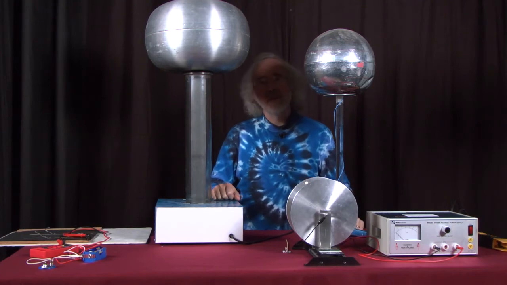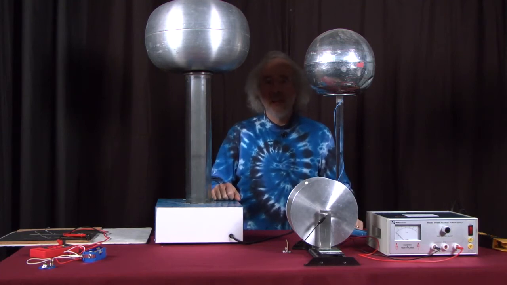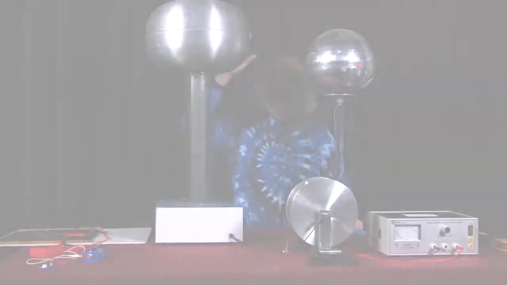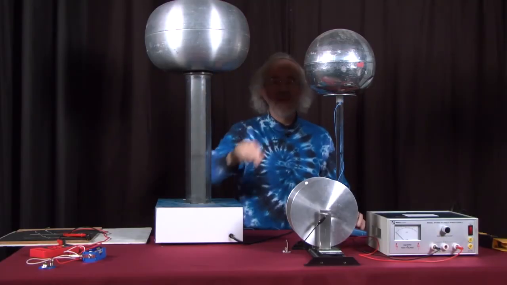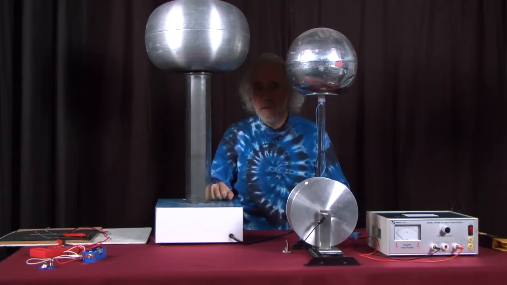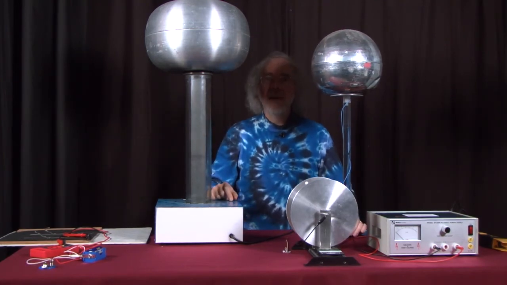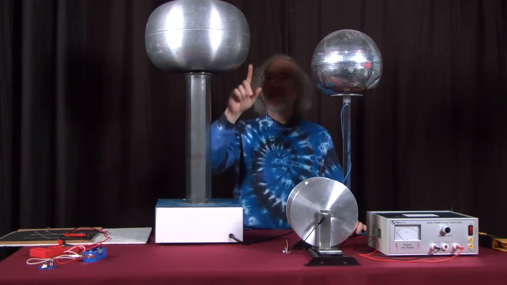Now, as you'll see in chapter 21, one of the units we can use for electric field is volts per meter. It's the difference in potential divided by distance. So if I take this sphere and I move them closer to each other, it's the same difference in potential, but it's happening over a smaller distance. So think about the force that a charge would feel.